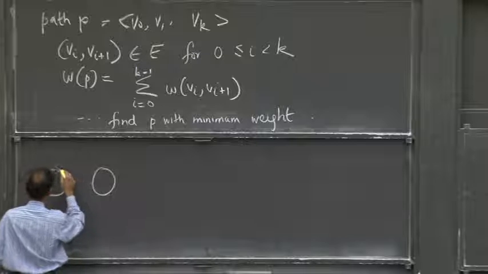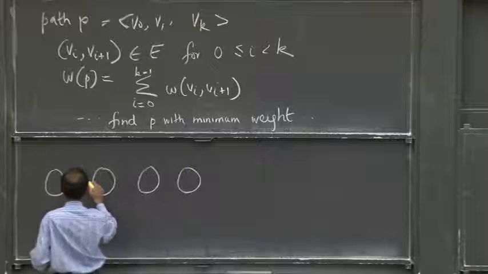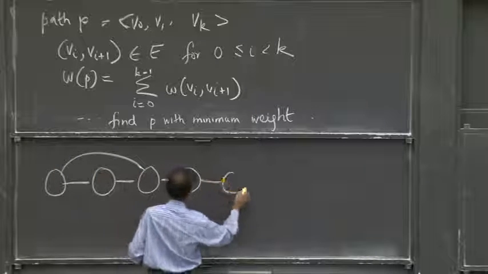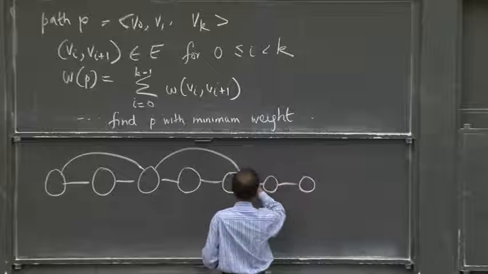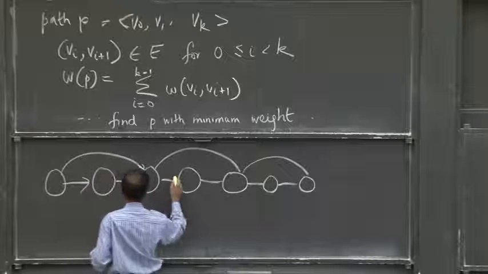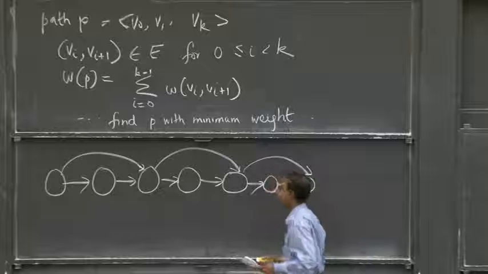And here's a real simple example where you'd have an exponential number of paths, and we'll come back to this example later in the lecture. Let's assume that all the directions go this way, and it's a directed graph.